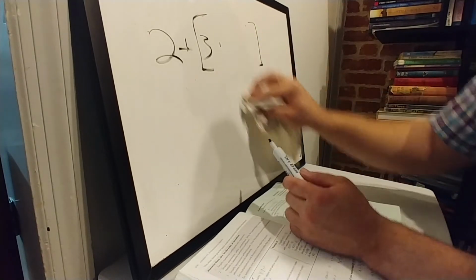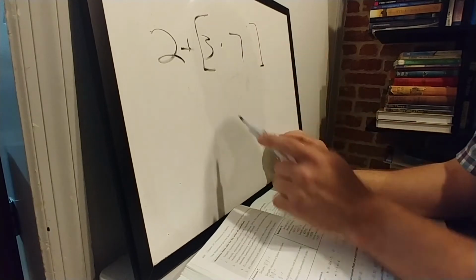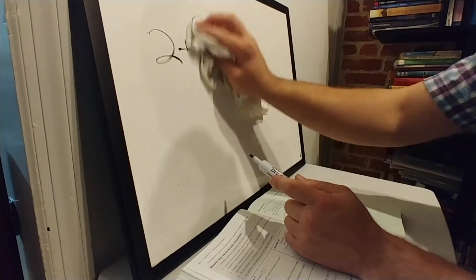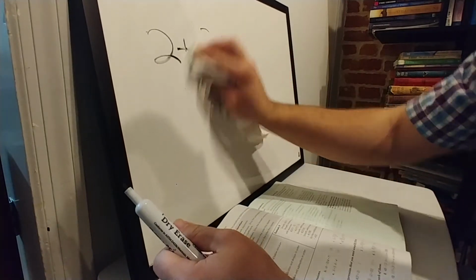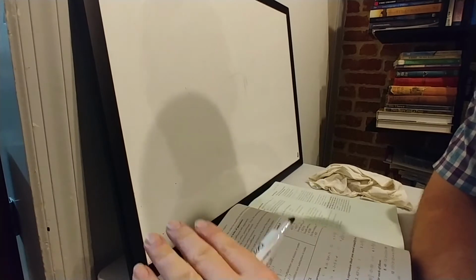Then you get rid of that. Then this is 21, and now you have 2 plus 21. All right. So you always work from the inside out and get rid of your parentheses first, and then your brackets, and normally you'll know this because you'll have to do one before you can do the other.